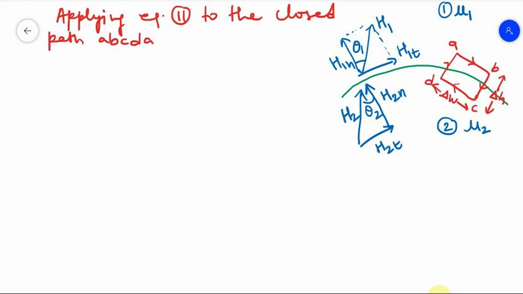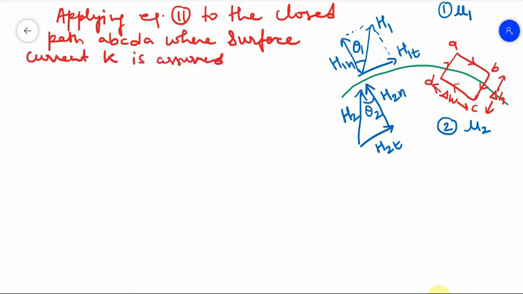Where surface current K is assumed at the boundary.